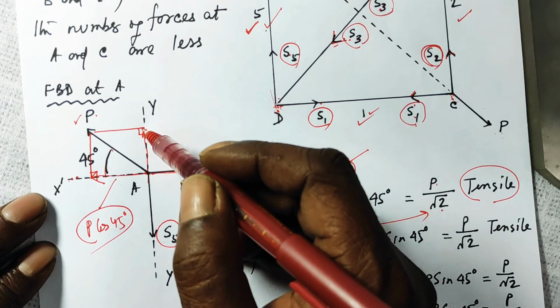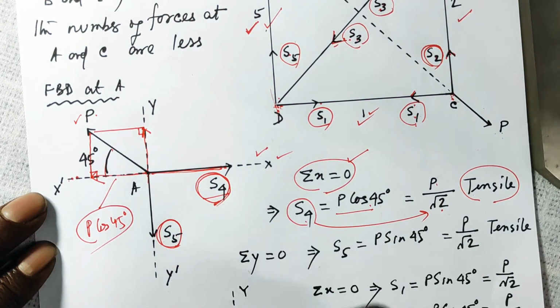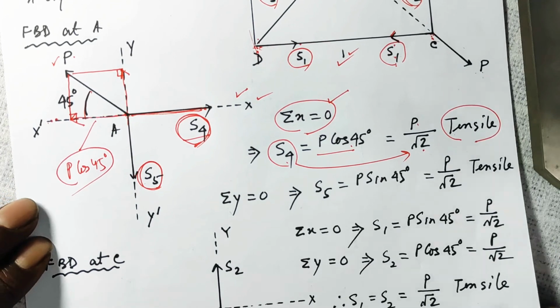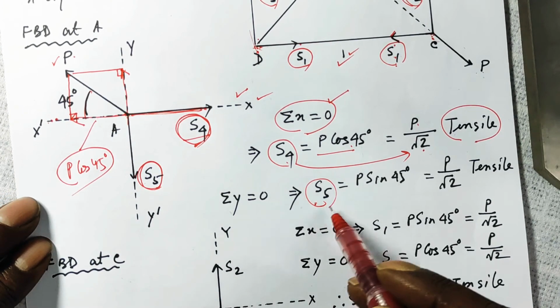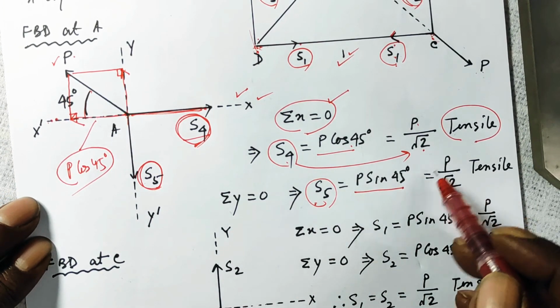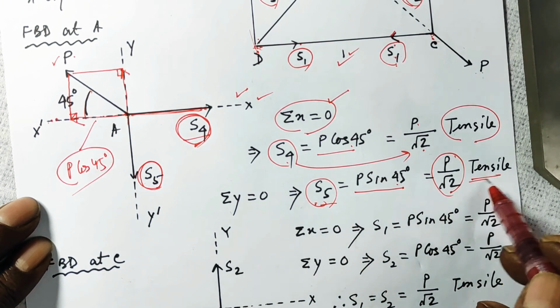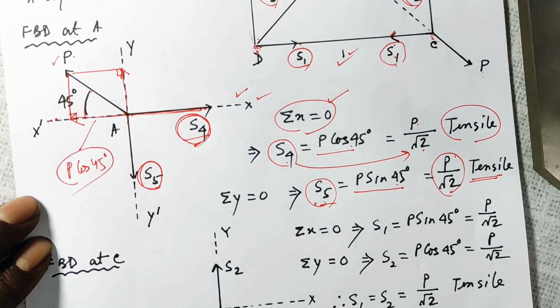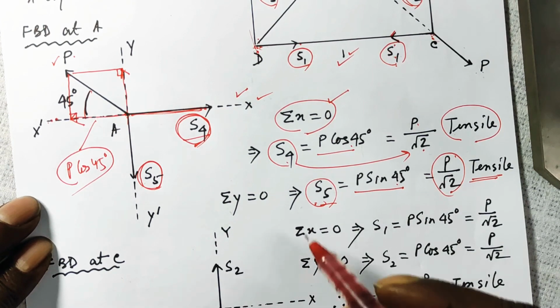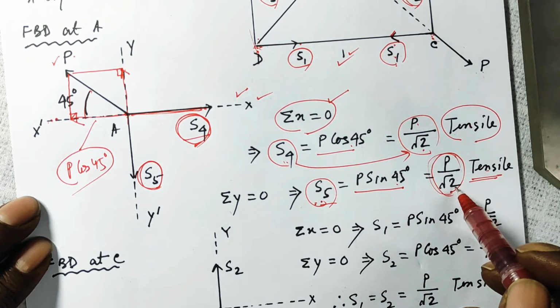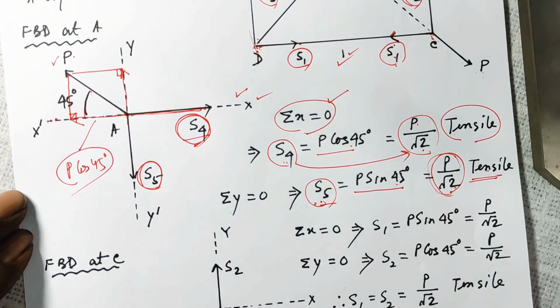So P times sine 45 must be equal to S5. Then only sigma y will be 0. So S5 will be P times sine 45. Sine 45 is 1 over root 2. So P over root 2 is also a tensile force. So what is the conclusion? S4 and S5 are both tensile and equal in magnitude, that is P over root 2.